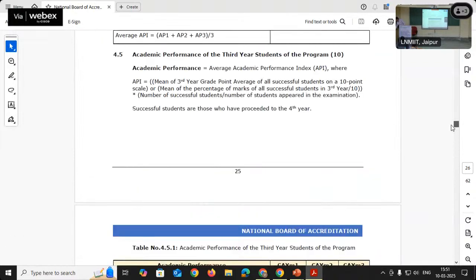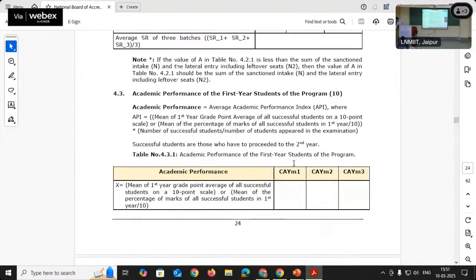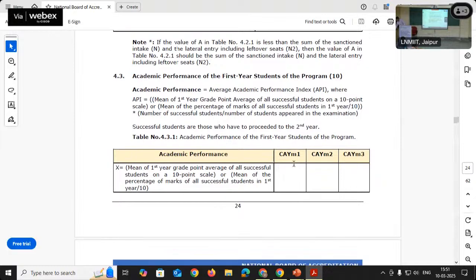4.3, right? It's easy, sir. First year. Mean of all successful students, sir, on a 10-point scale. It is program specific.